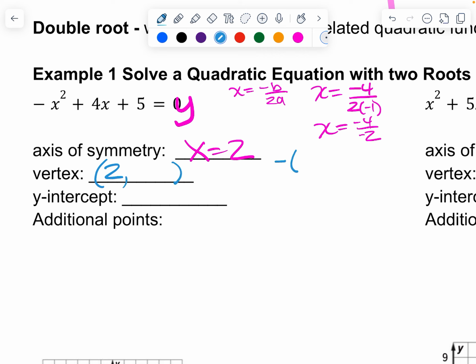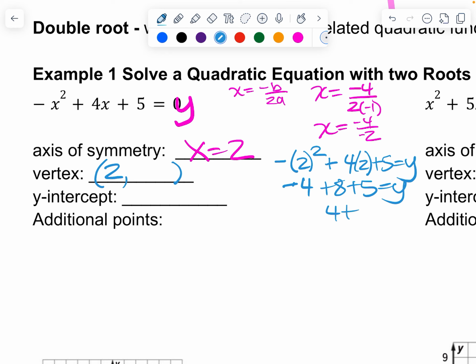So negative 2 squared plus 4 times 2 plus 5 equals y. That's negative 4 plus 8 plus 5 equals y, so that is 9.